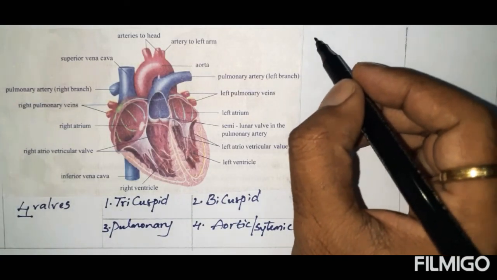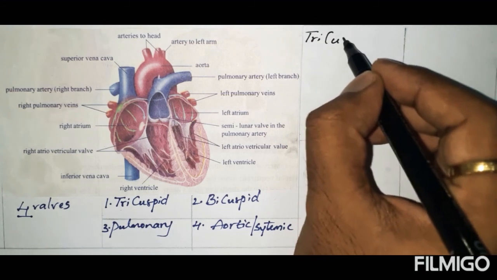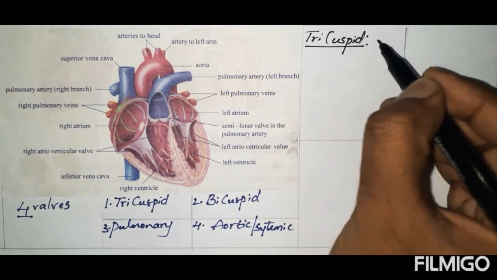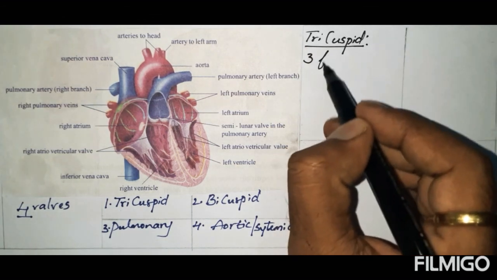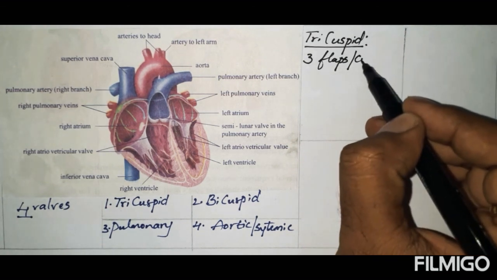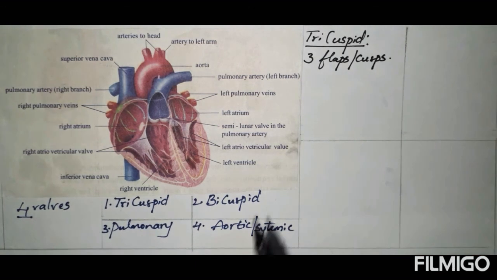Coming to the first valve, the tricuspid valve. The name itself indicates that it is made up of 3 flaps or cusps. What are these cusps? Cusps are small lid-like structures present in the valves.